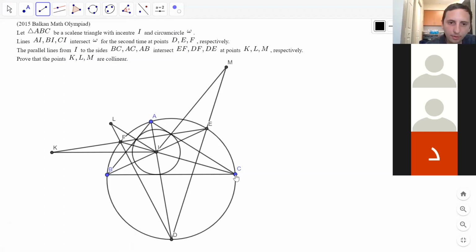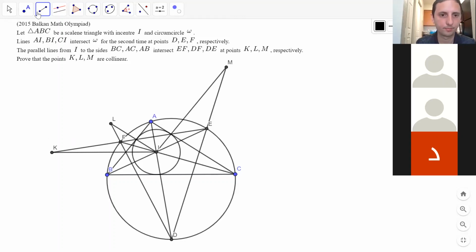But yeah, we need to use the parallel condition. What would happen if we used Desargues on A, B, C, and D, E, F? I wonder if that line would be parallel to KLM.